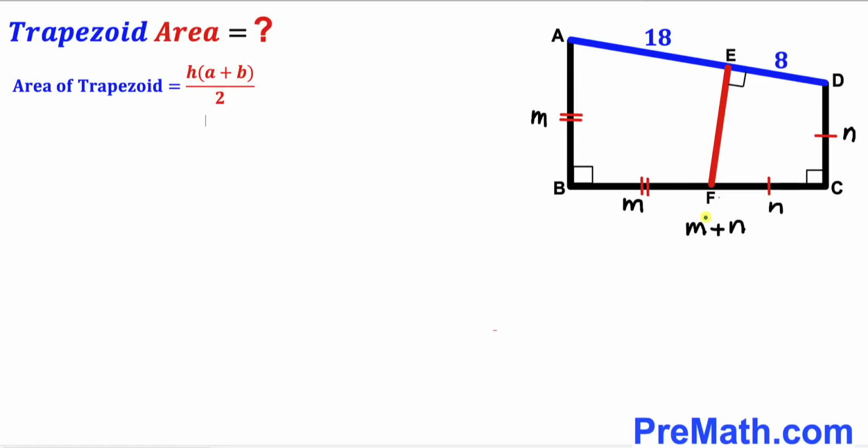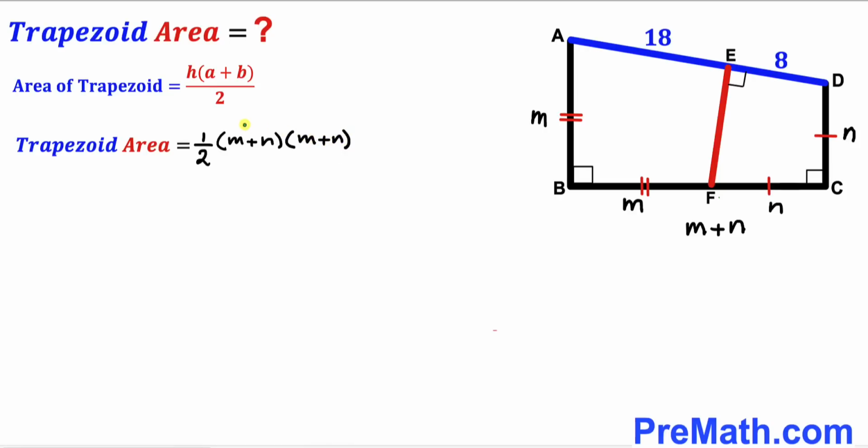Here our height is m plus n, and our bases are m and n. So the area of this trapezoid ABCD is going to be a half times our height, m plus n, times the sum of the bases, m plus n as well.